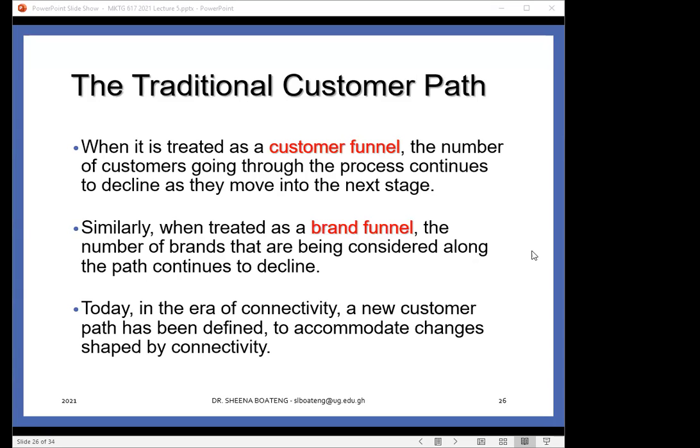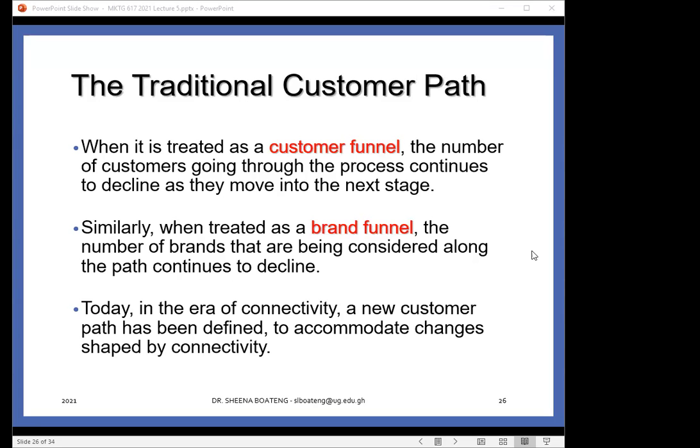So where does technology come in over here? We are talking about the fact that in this era of connectivity, a new customer path has been defined based on this 4A framework.